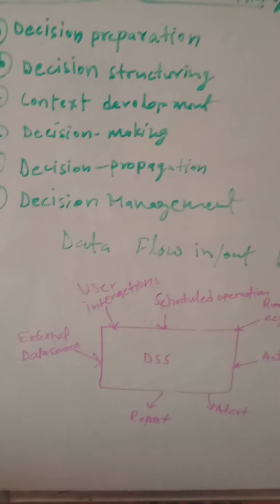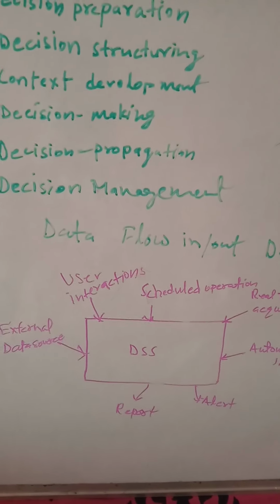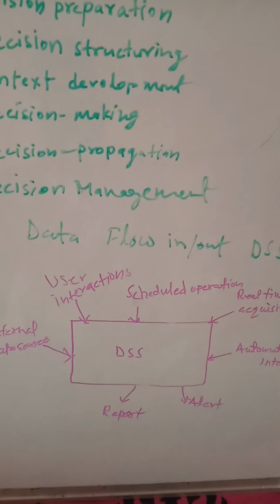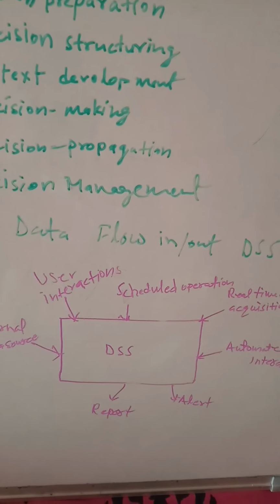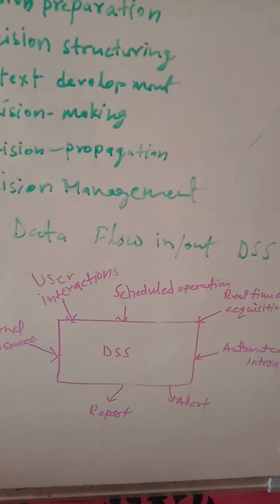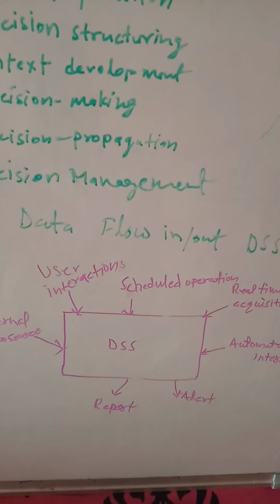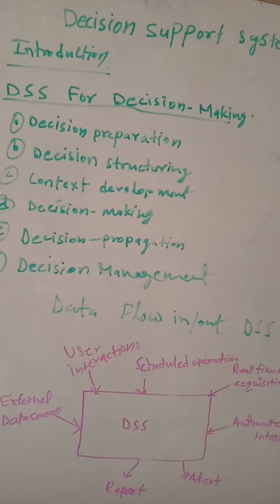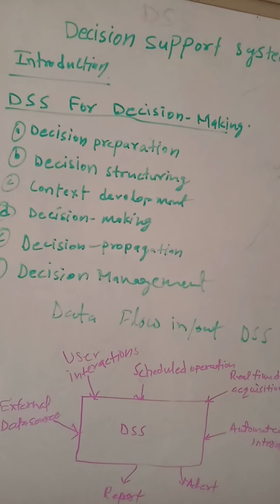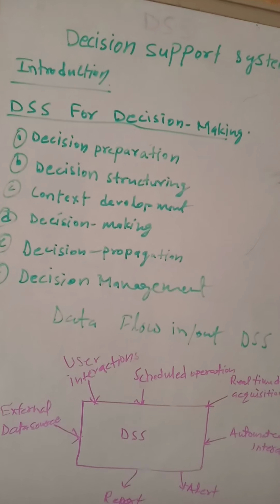Now, the DSS for decision making. First is decision preparation. The DSS environment provides data required as input to the decision making process. This is what almost all data mart and data warehouse environments do today.